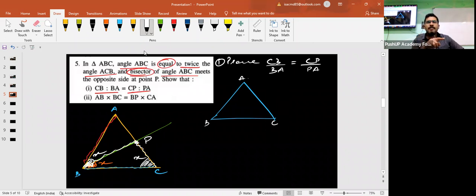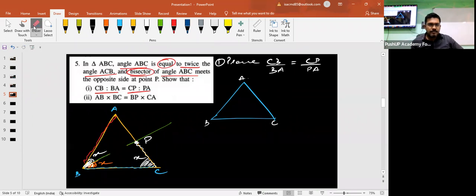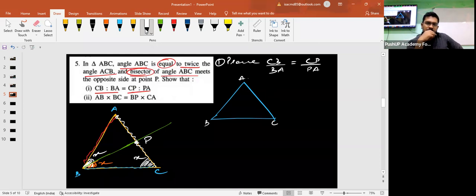Don't you feel CP and PA belong to triangle CPB? CP and PA is what you have to draw. So CP belongs to triangle BPC and PA belongs to triangle BPA.